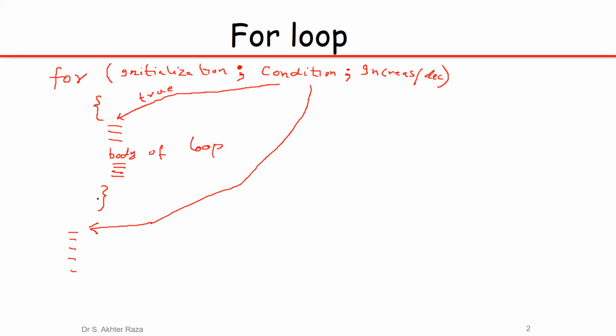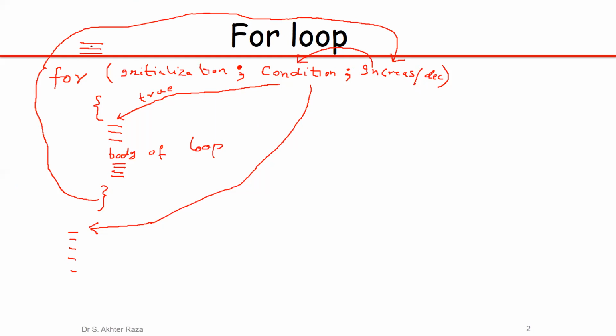When this bracket comes, we move to the increment or decrement. The increment or decrement will be repeatedly executed. And after increment and decrement, it comes to the condition again, right?